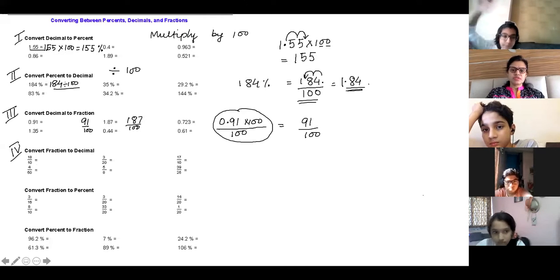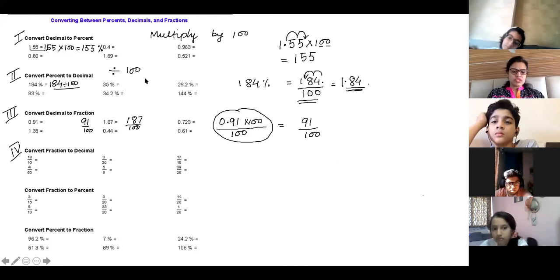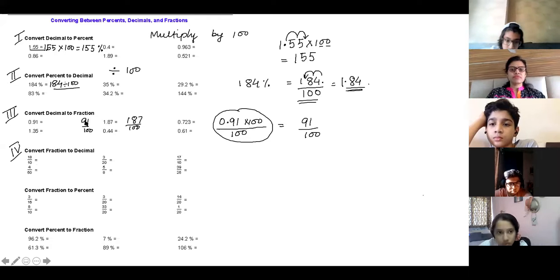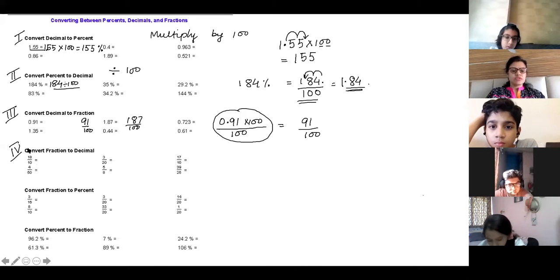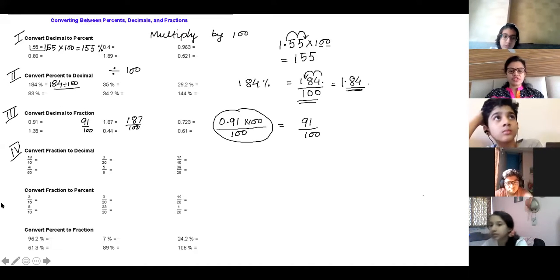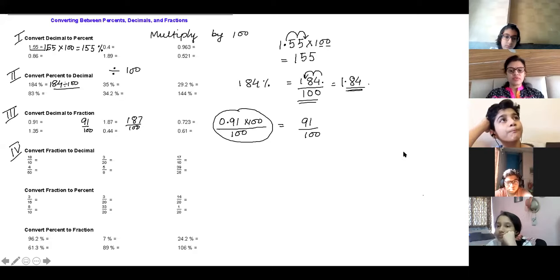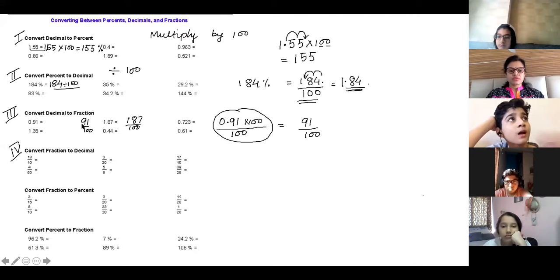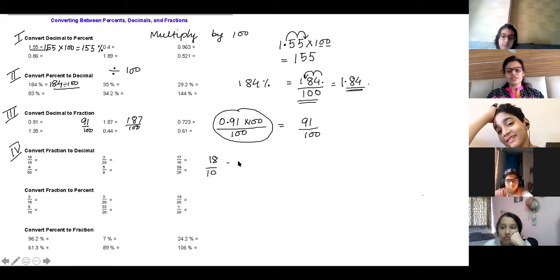Yes, 1.8. So this you can do directly. 18 upon 10 is 1 point 8. This you can write directly.